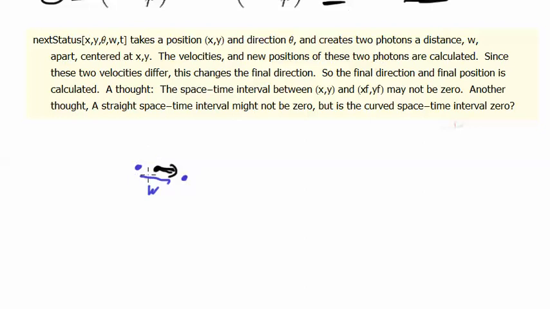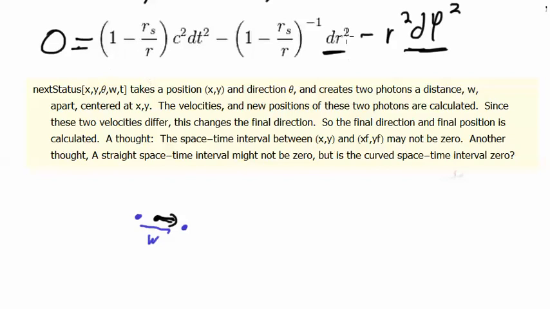Of course, the velocity of the photon is, I think, determined by this relationship here. You give it any two variables of r, phi, and t, and it will give you the third one.